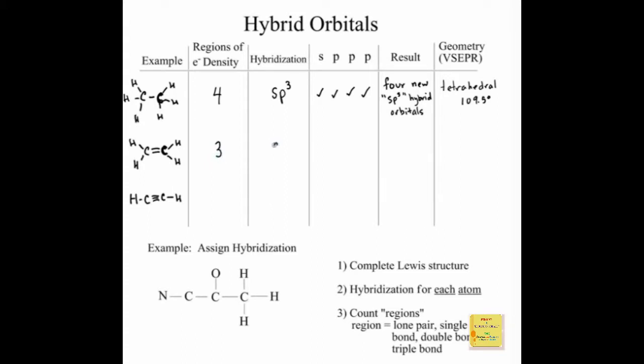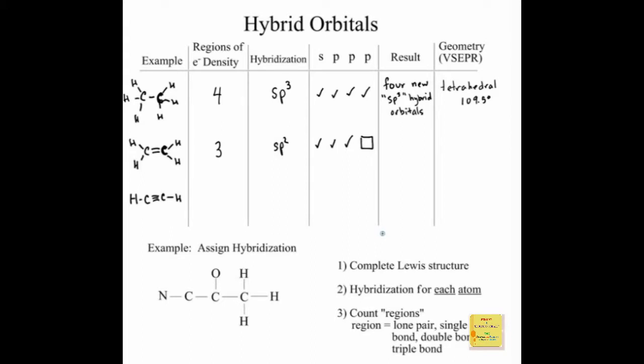And such a carbon is described as being sp2 hybridized, and the reason we give it that name is because this carbon mixed one of the s orbitals with only 2 of the p orbitals to form its new hybrid orbitals. That means one of the p orbitals on that carbon is still there as an unhybridized pure atomic orbital with the dumbbell shape.